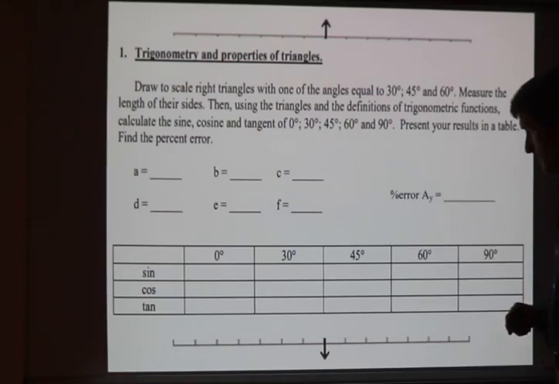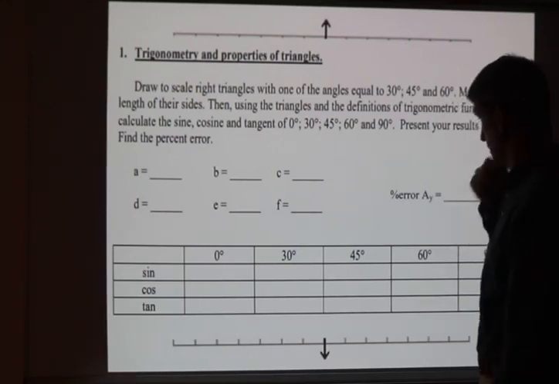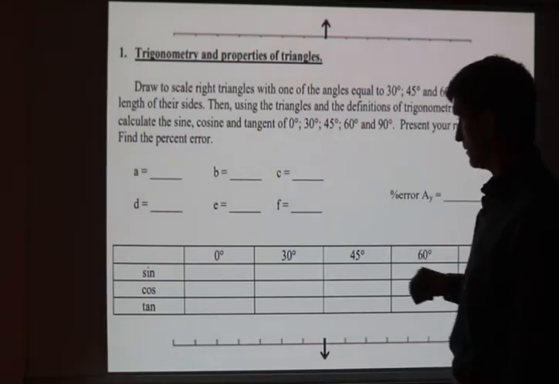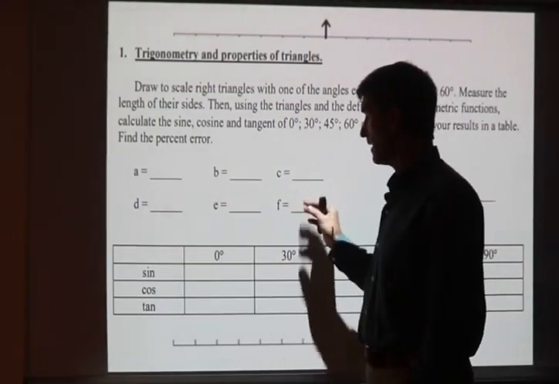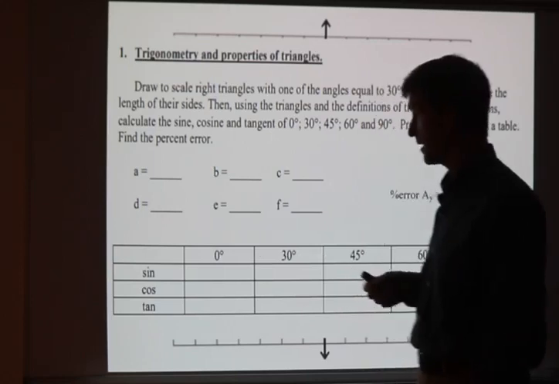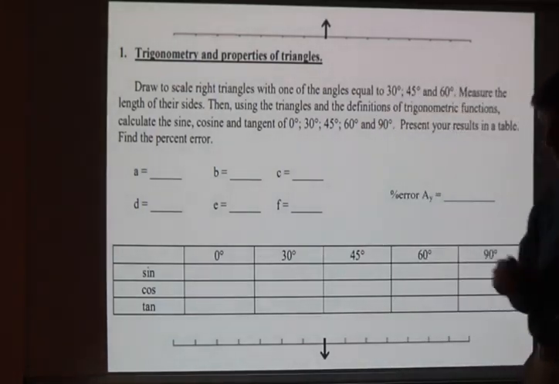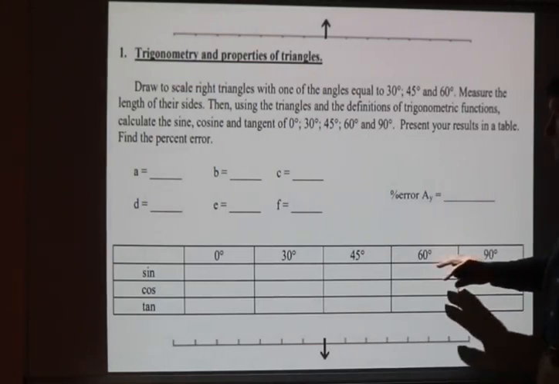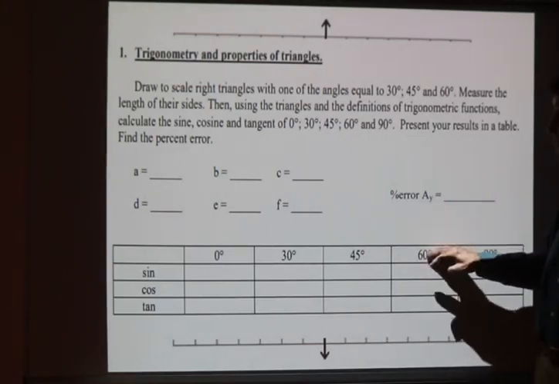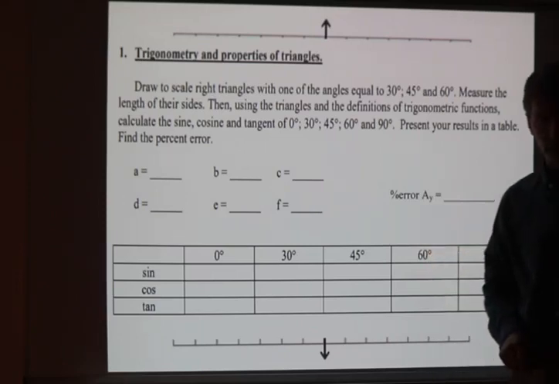So what we want to do here is get your different values, A, B, C, D, E, and F, which represent the different sides of the triangle that we're going to see in just a little bit, and actually create two different tables, one for your experimental values and one for your analytical values.